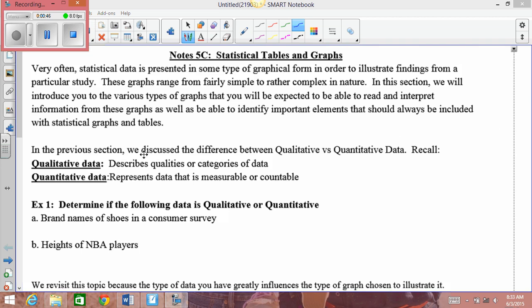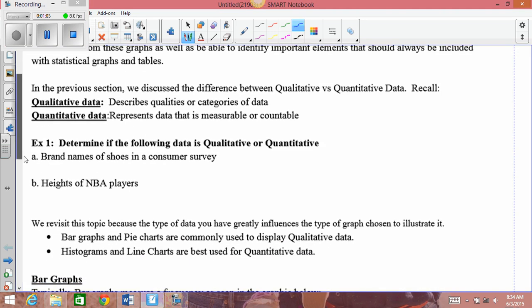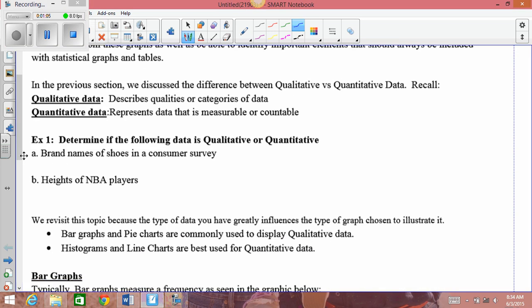So as you recall, in the previous section we talked about quantitative versus qualitative data. And remember, qualitative is just describing your data versus quantitative is something that's measurable or countable, so it's your numerical data. So here in example 1, it says brand names of shoes in a survey. The brand names would be like Nike, Adidas, and so on.